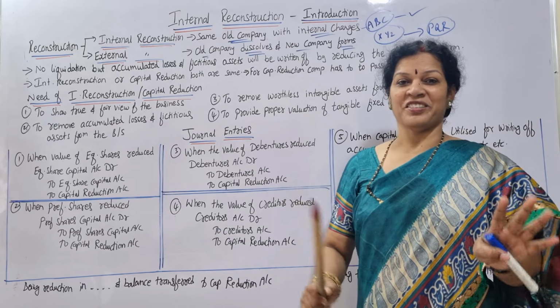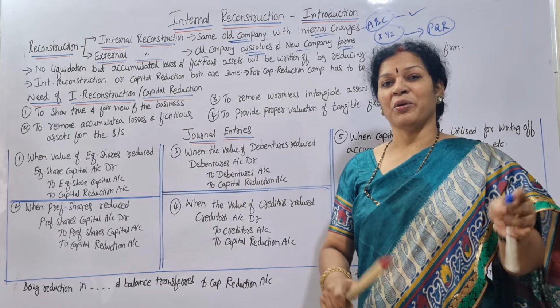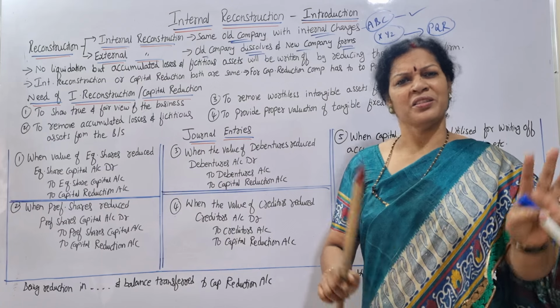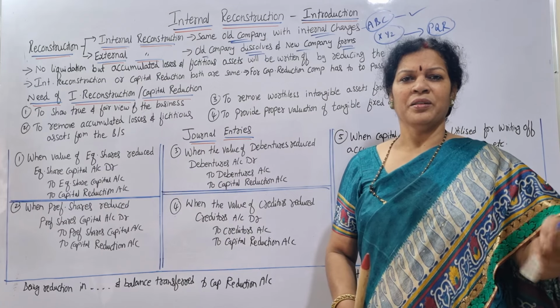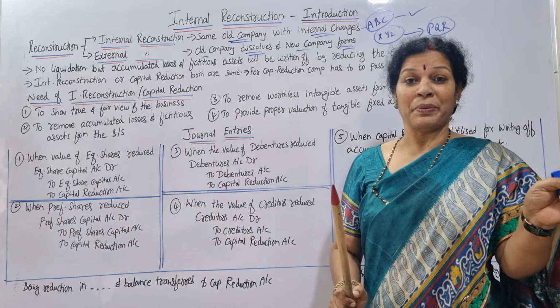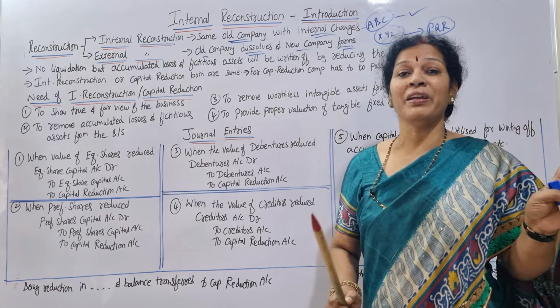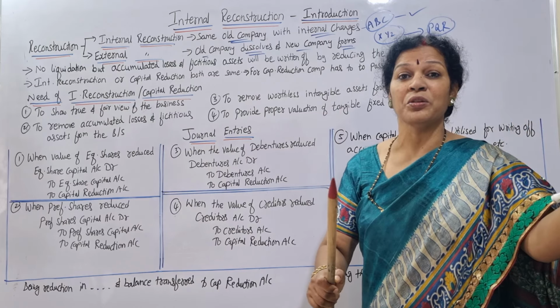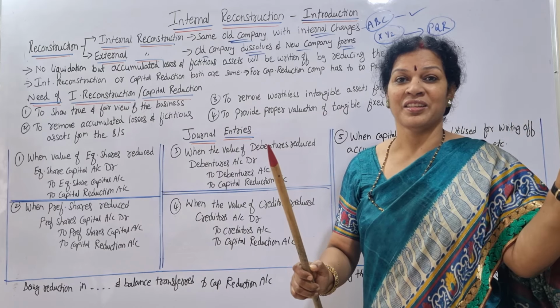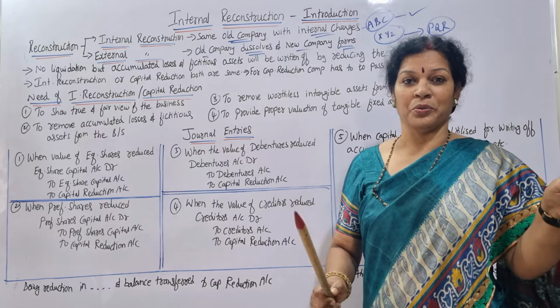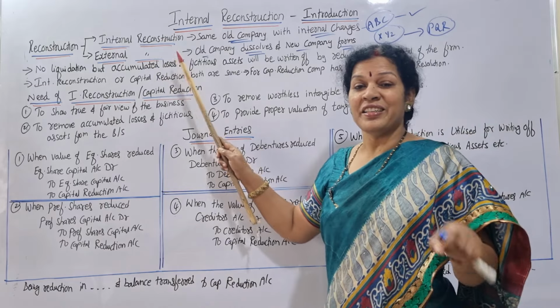With those alterations, they want to show that there's no loss, company is okay. They want to pretend, means presenting the balance sheet in a proper way so that the viewer is going to find that there's no loss. Internal changes they want to do. So that is why we say it is internal reconstruction.